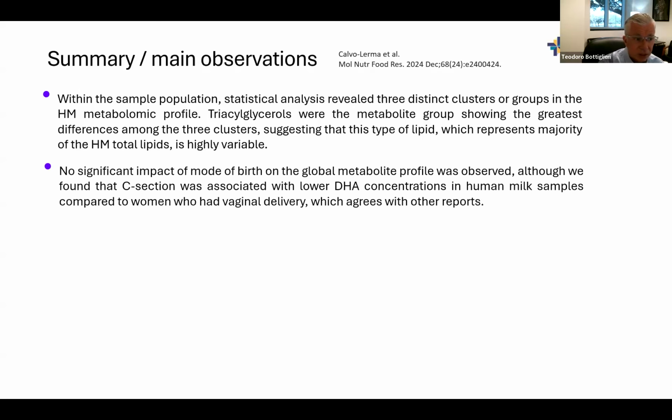We didn't see any significant impact of mode of birth on the global metabolite profile, although we found that C-section was associated with lower DHA concentrations in human milk samples compared to women who had the vaginal delivery.